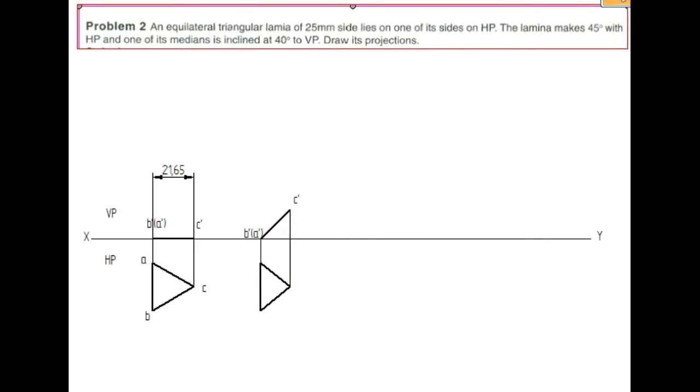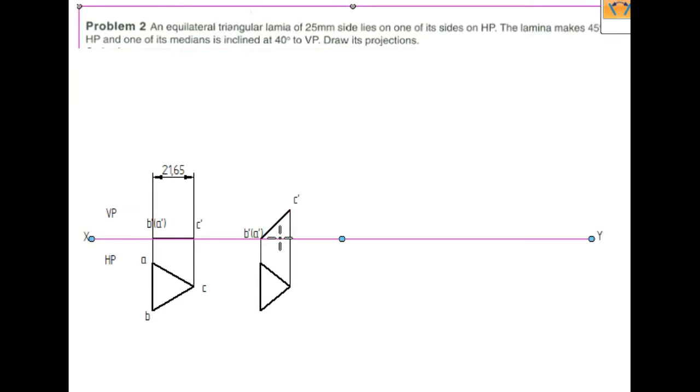Right. To measure, you can check here. This is the angle, that is 45 degree. And naming has to be done. So this point is A, this is B, and this is C.